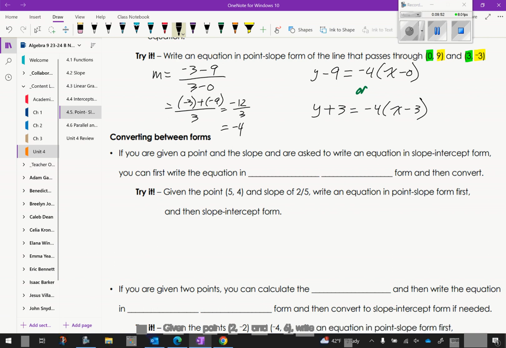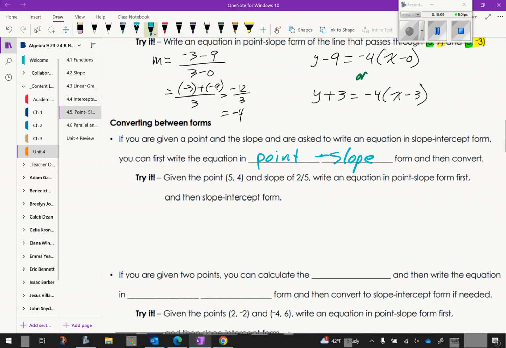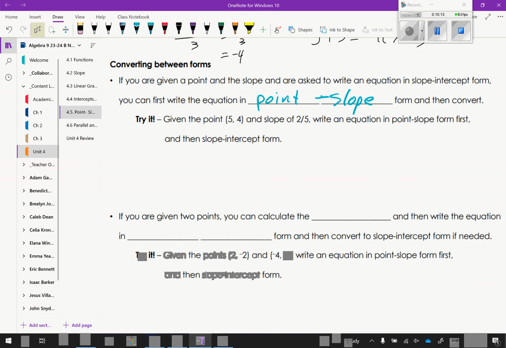We first of all put it in point-slope form and then convert. Okay, so this is a two-part process here. Given (5, 4) and the slope of 2/5, write an equation in point-slope form first, then slope-intercept form.